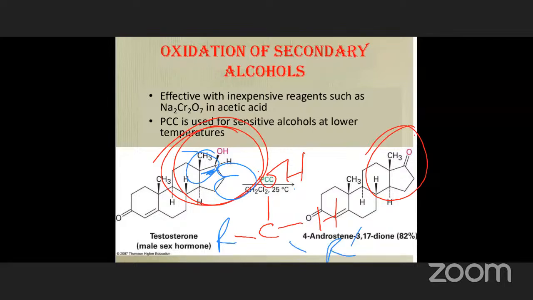If you break it down like that, you will see that this structure has moved to this structure, where the carbon that had OH before now has a double-bonded O. If you think back to the general structures, you will agree that this is a ketone.